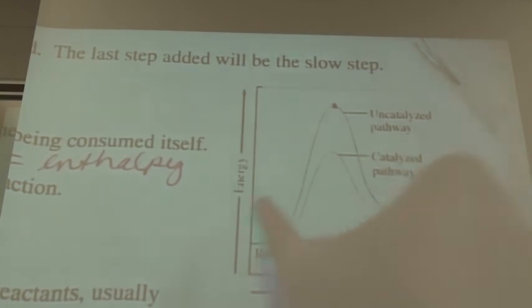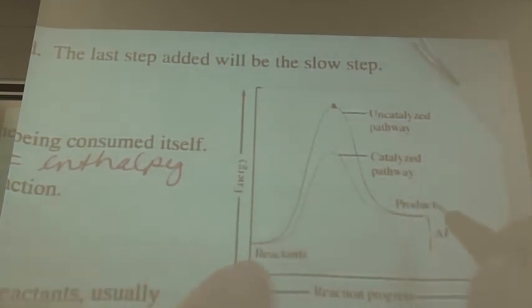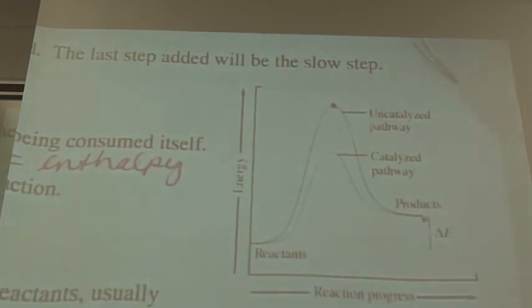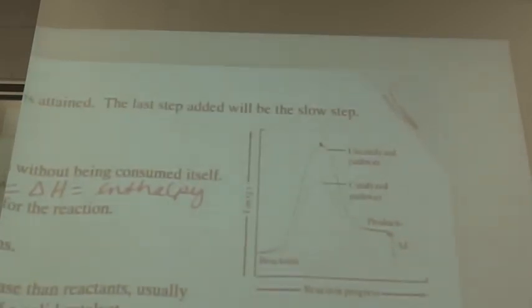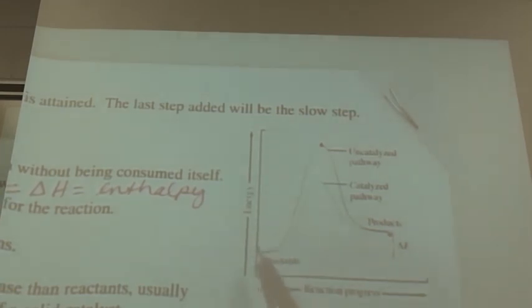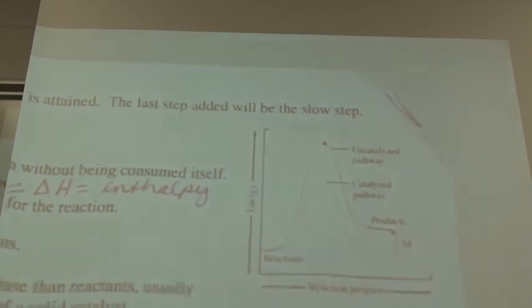A catalyst lowers the activation energy. You'll notice that the energy of the reactants and the energy of the products remains the same. Guess how an inhibitor would work. Exactly the other way around. It would raise the activation energy.